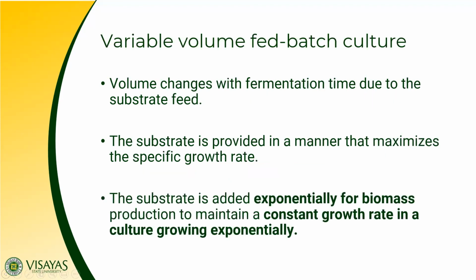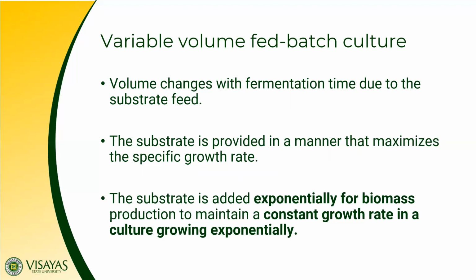So how about with a variable volume fed batch culture? In the fixed volume fed batch culture, the volume of the substrate is fed in a constant manner and at a constant concentration. Okay, while here the volume changes with the fermentation time due to the substrate fed.